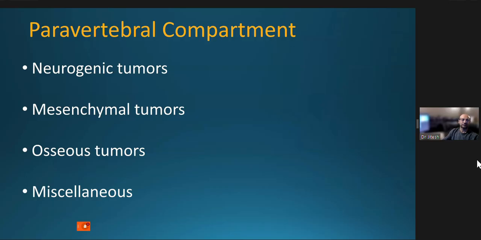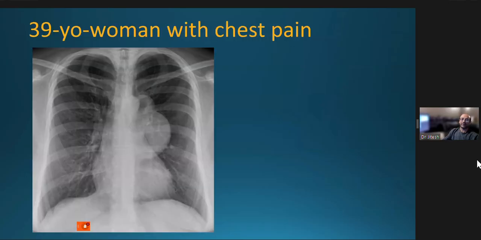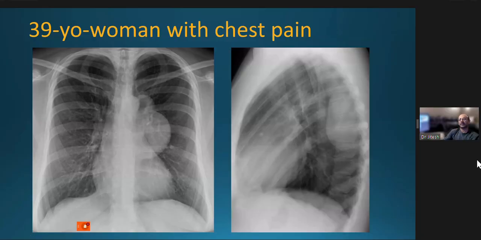So here is an example of another hilum overlay sign. We can see hilar structures through this mass, but we can see this lesion is silhouetting the upper aspect of the left heart border. On lateral view, we can see this mass is located posteriorly.